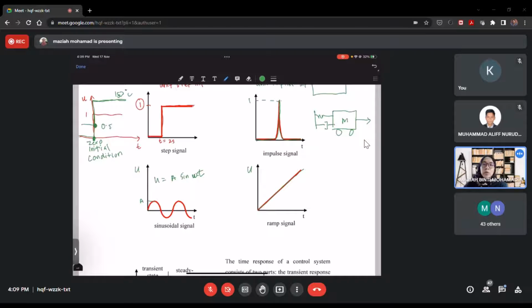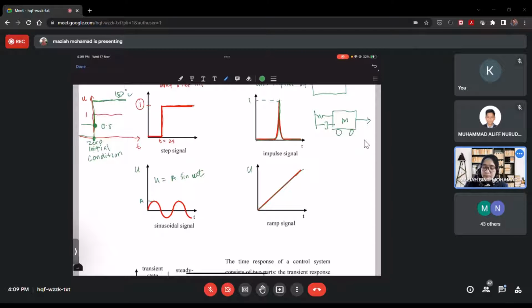So in order to determine the performance of any control system, we're going to apply a common input signal. It may be in the form of a step input, an impulse input, a sinusoidal input, or a ramp input signal.